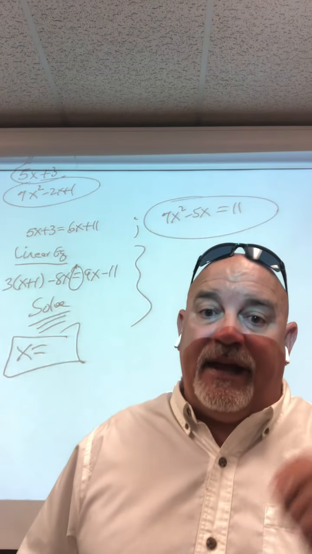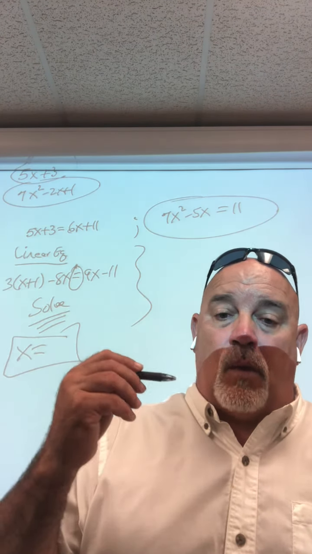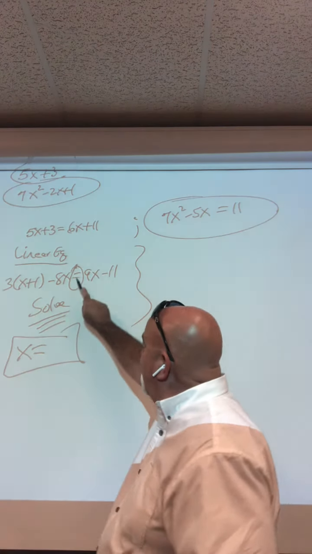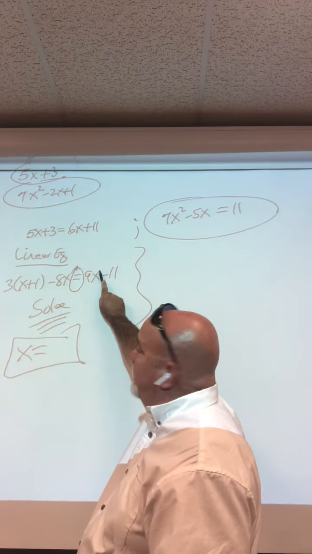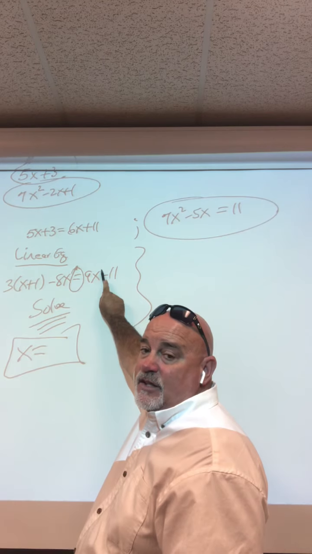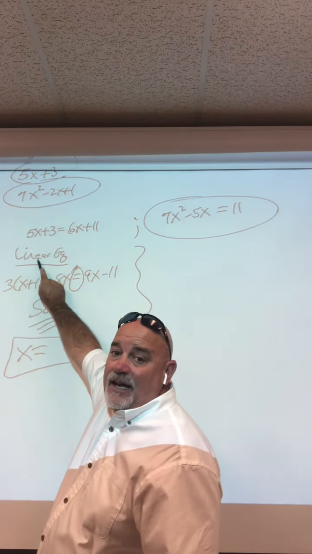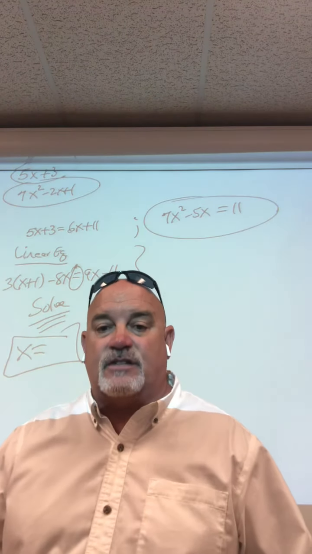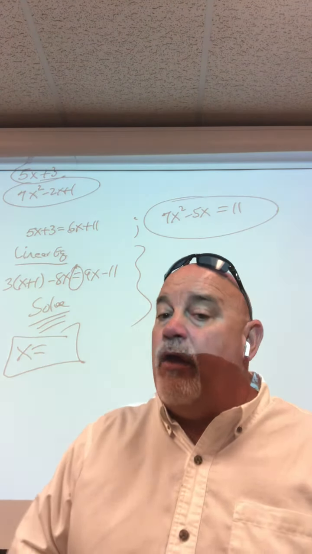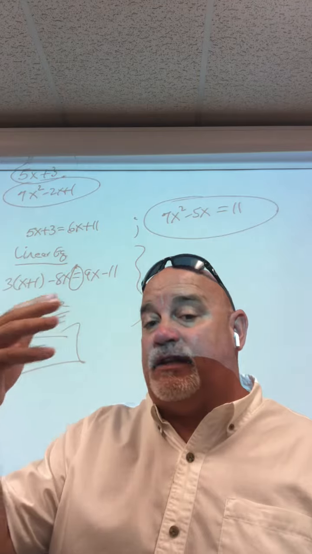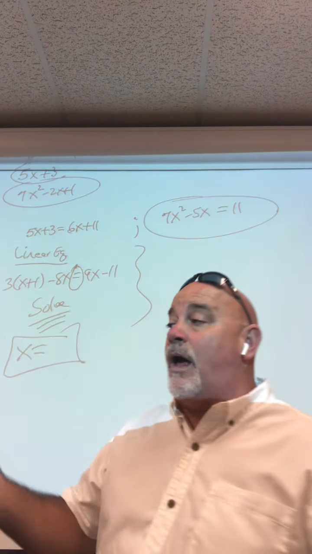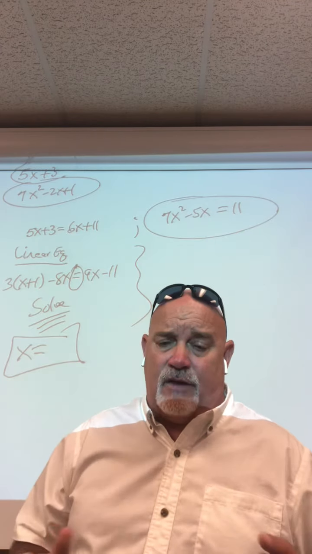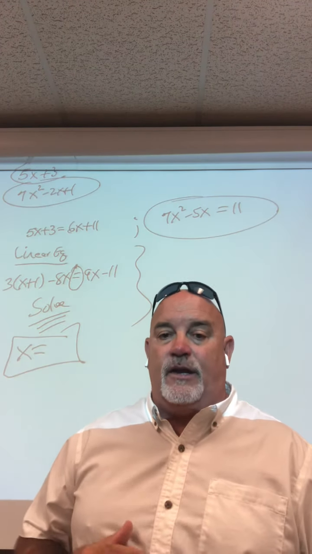Remember, the degree of a polynomial was the biggest power on x. If your polynomial equation is degree 1, biggest power on x is degree 1, we call that linear equations. We've already discussed how to solve linear equations. We did some with fractions, we did some with decimals, so a whole lot of problems. All that stuff we did in 2.1, all those videos, all of those were linear equations.